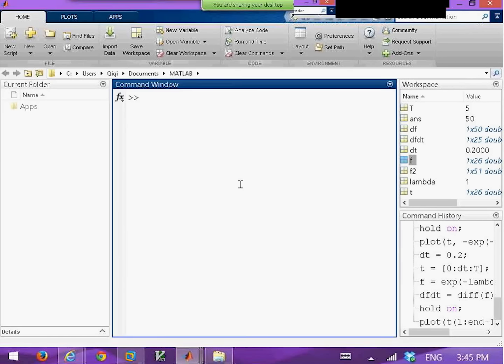So df dt midpoint is equal to f of 3 to n minus f of 1 to n minus 2. What does this mean? I'm taking from the third value to the last value, minus the first value to the third last value.